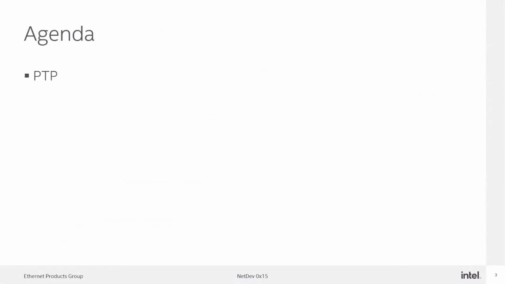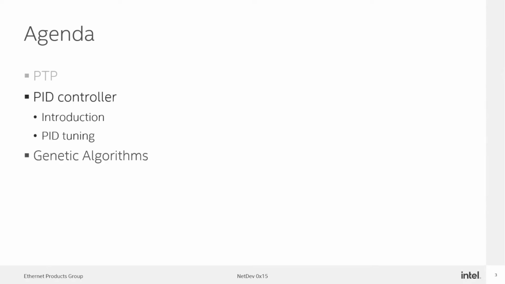And let's start with an agenda. I'll briefly introduce it. At the beginning, we will introduce basics of PTP, briefly go over how the PTP stack works to synchronize the time in our system. Then we will talk a little bit about the PID controller that's used to control the objects and is used widely in the Linux PTP project.